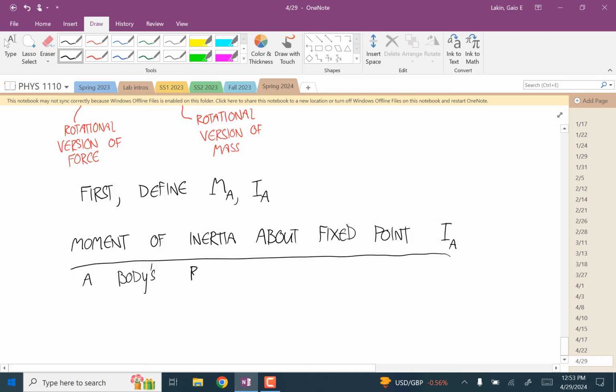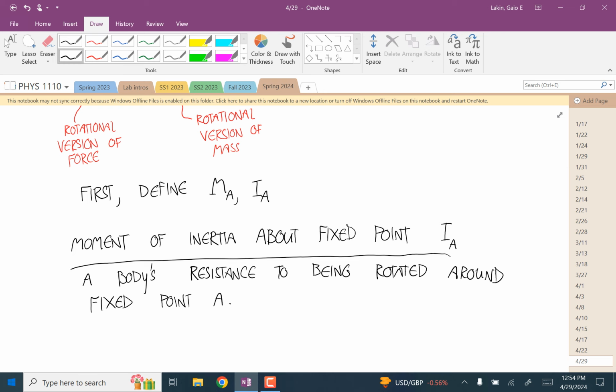So a body's resistance to being rotated around the fixed point A. Something that's very hard to rotate, something that's really big and has a lot of mass, is going to have a high moment of inertia.